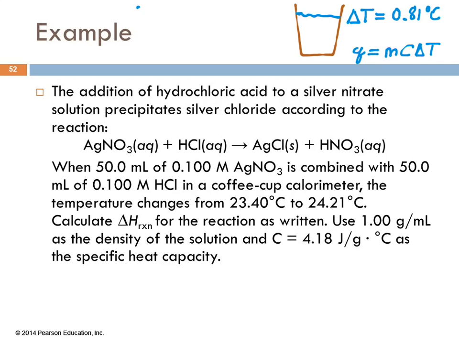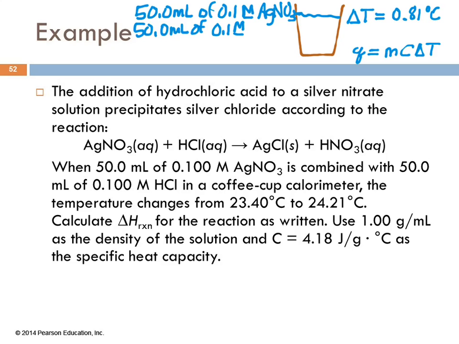Well, we put 50 milliliters of 0.1 molar silver nitrate. I'm going to skip the zeros there because I'm just labeling. I'm not calculating right now. And we put 50 milliliters of 0.1 molar HCl, right?